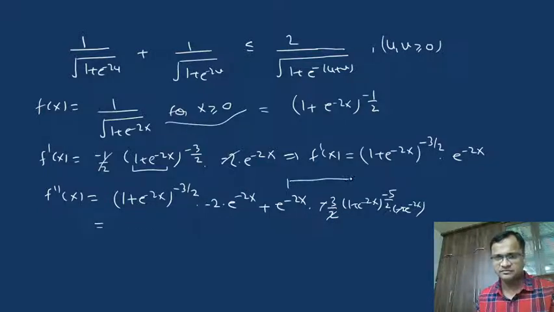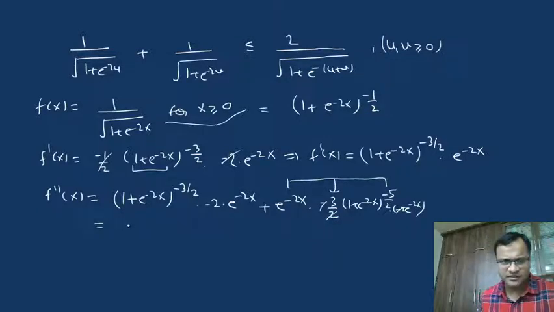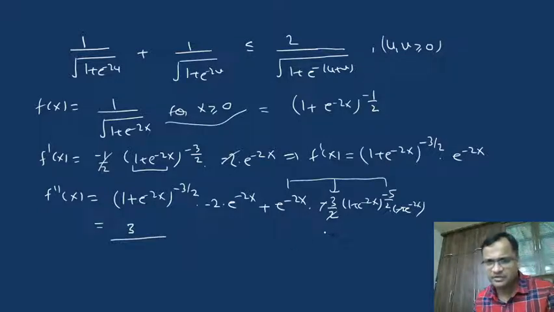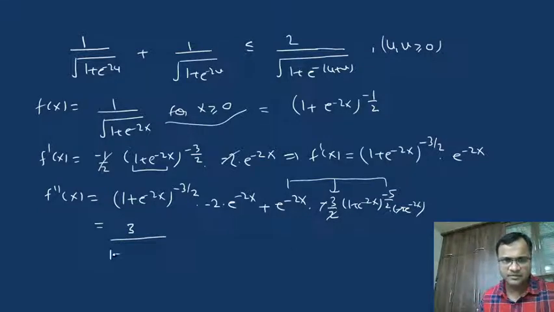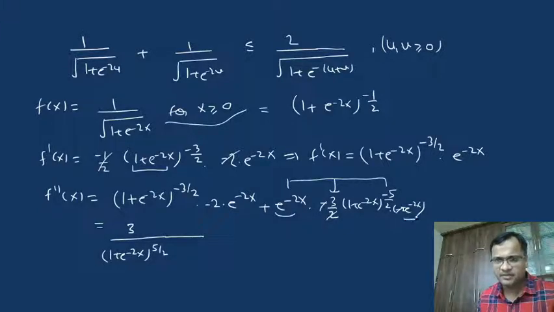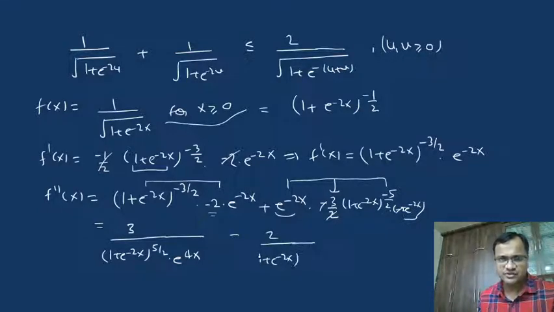Now if we write first this term, then in the numerator there is 3 and in the denominator there is (1 plus e raised to the power minus 2x) raised to the power 5 by 2 and e power minus 2x becomes e to the power 4x in the denominator. And this is the second term. In the numerator there is 2 and in the denominator there is (1 plus e raised to the power minus 2x) raised to the power 3 by 2 into e raised to the power 2x.